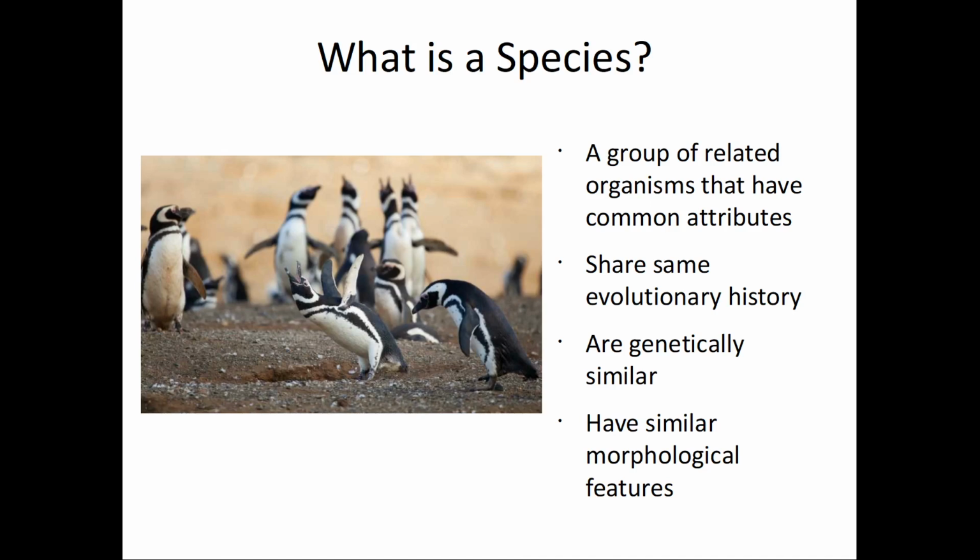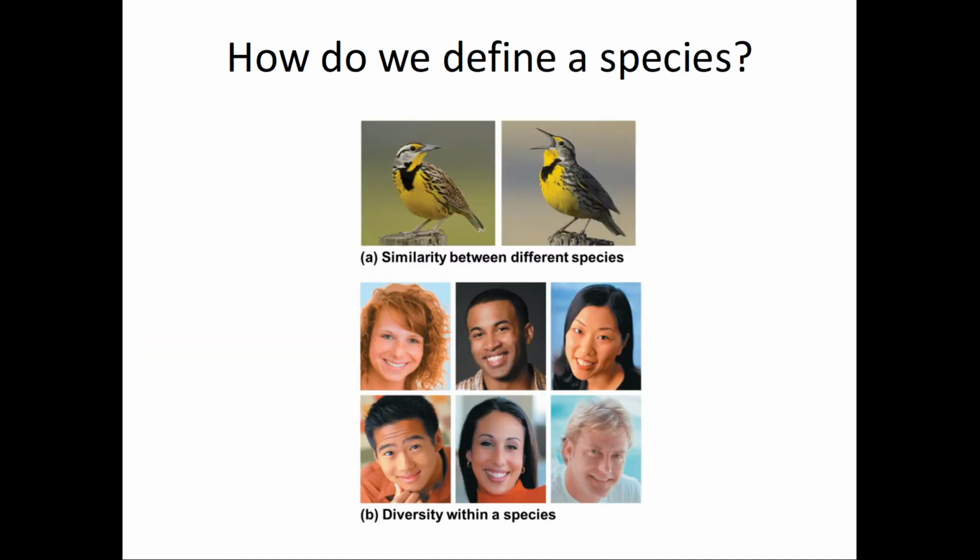So we'll go through some ideas of what it means to be a different species or to be the same species. So we say it's a group of related organisms that have common attributes. All right, it's pretty broad. They share the same evolutionary history. All right, they're genetically similar, and they have similar morphological features.